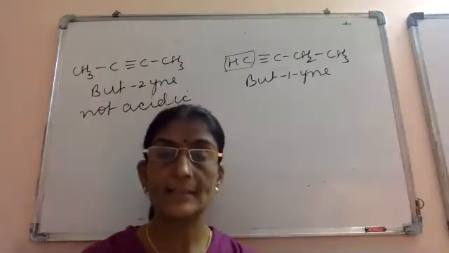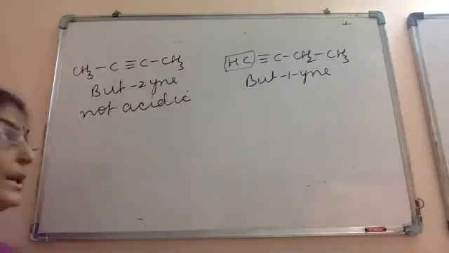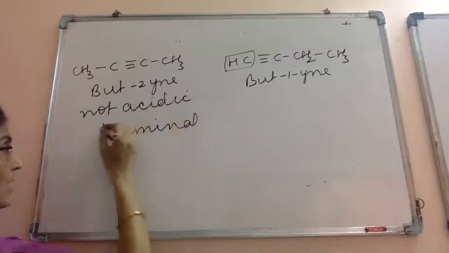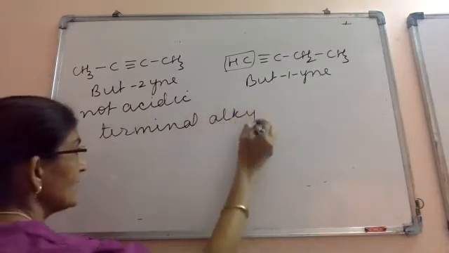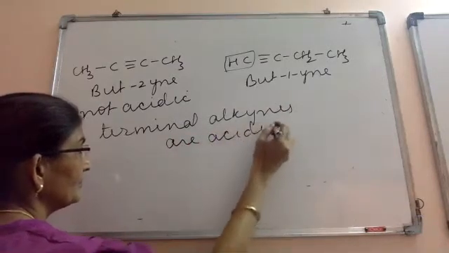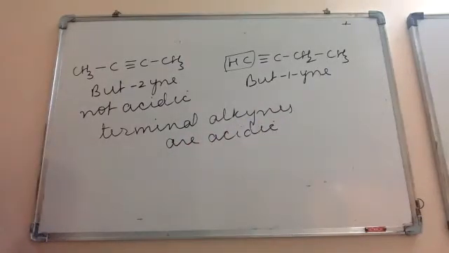कौन से alkynes acidic होते हैं? Terminal alkynes are acidic.